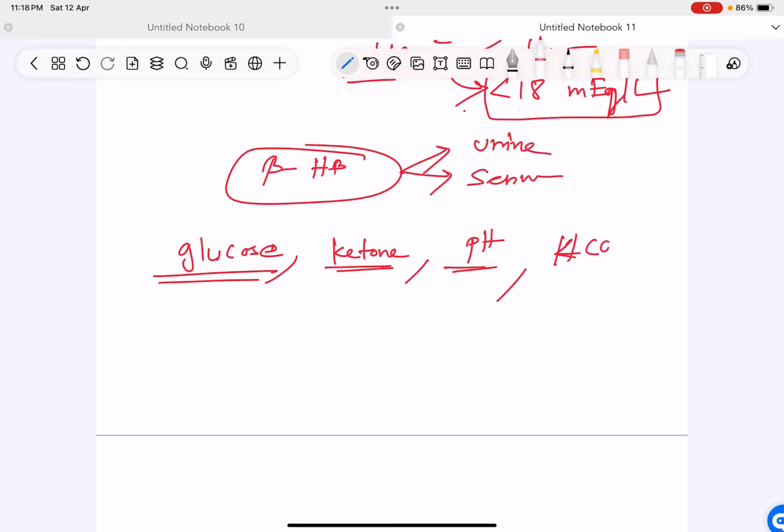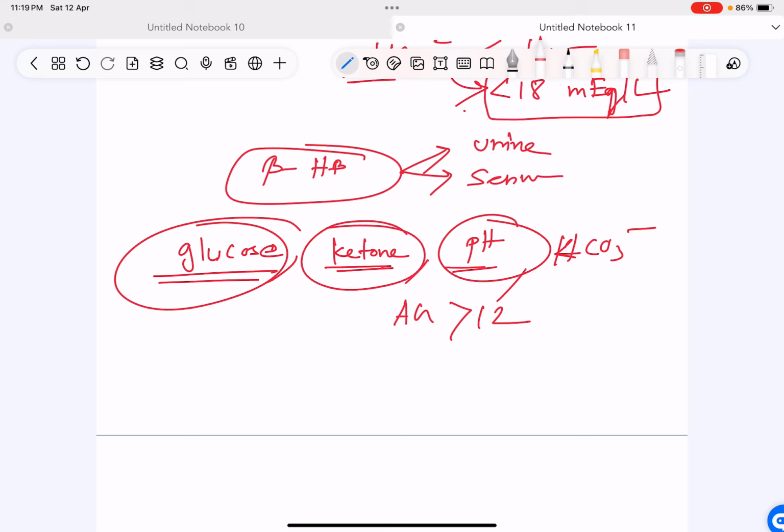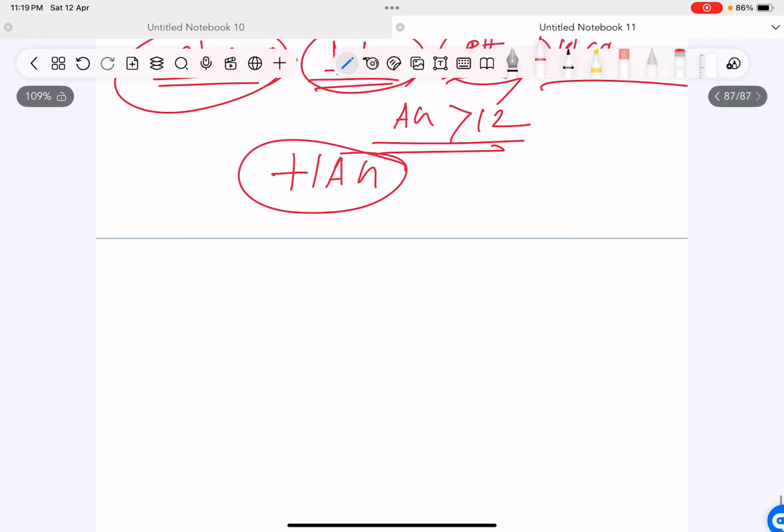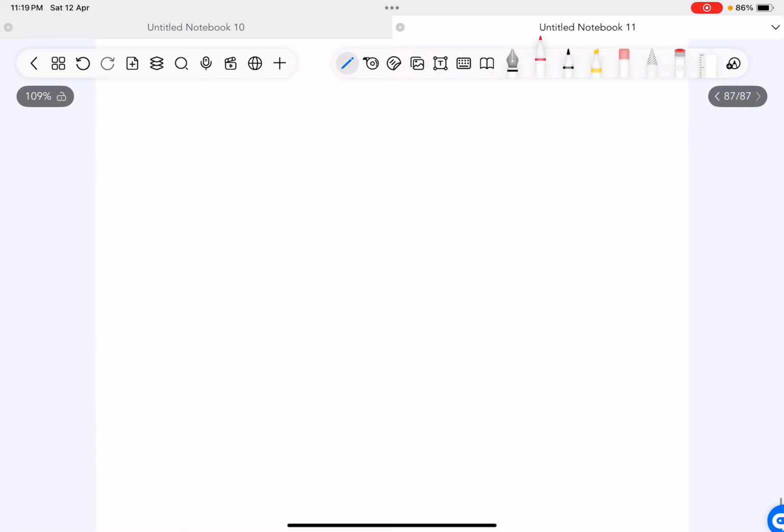Chloride levels will be normal, and anion gap should be more than 12. So five things: glucose, ketone bodies, pH, anion gap, and bicarbonate should all be checked. Together, these five things are our diagnosis.